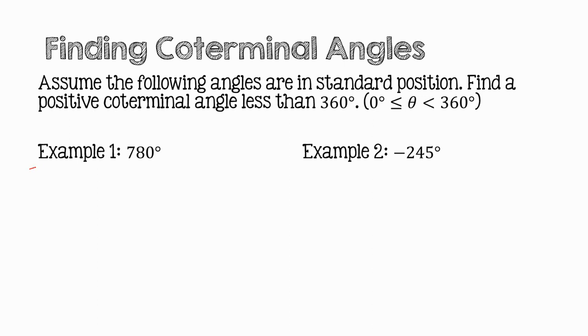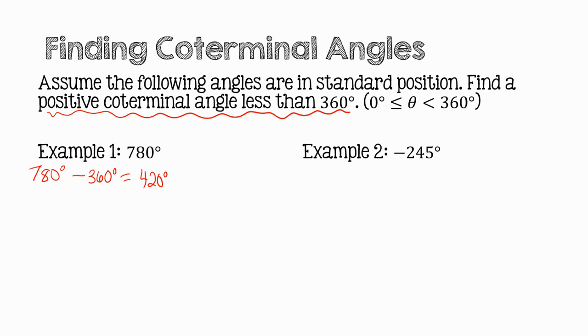So I'll have 780 degrees, and now I'm going to be subtracting 360. When I do that, I end up with 420 degrees. Now that is a coterminal angle to 780 degrees. However, it does not fit our directions that say it has to be between 0 and 360.